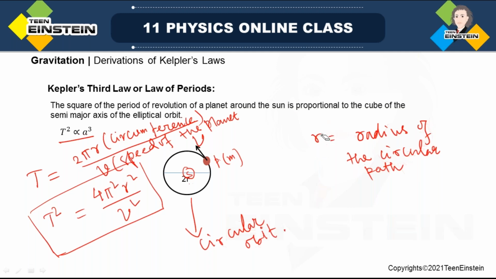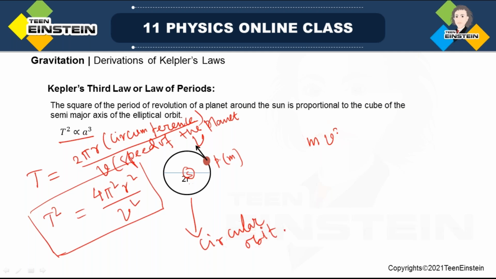Now let us see for revolving around the sun, whether it is an elliptic orbit or a circular orbit, there you need a centripetal force, and that centripetal force will be obtained from the gravitational force exerted by the sun on the planet.